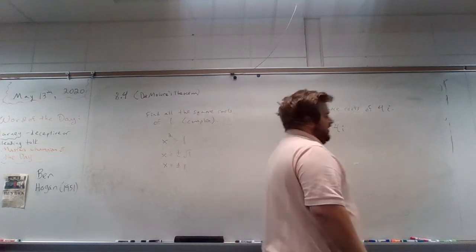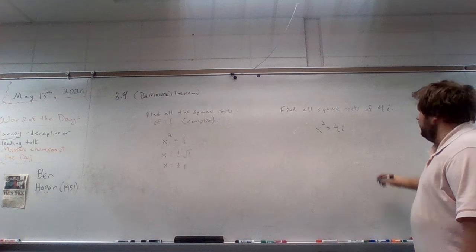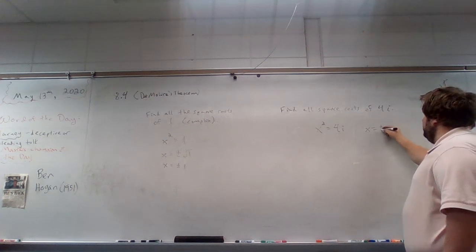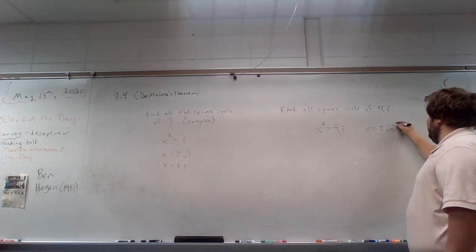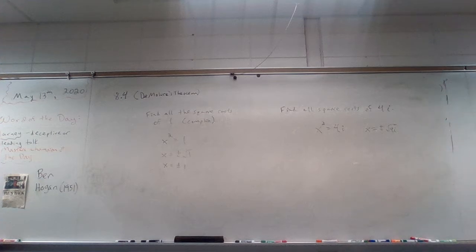And if I take the same approach, could I really say plus or minus the square root of 4i? Well, that is a little bit of a no-no, because the square root of i is mysterious. I mean, technically, I suppose I could state the answer like this, but I claim that there's a better way to write this out.